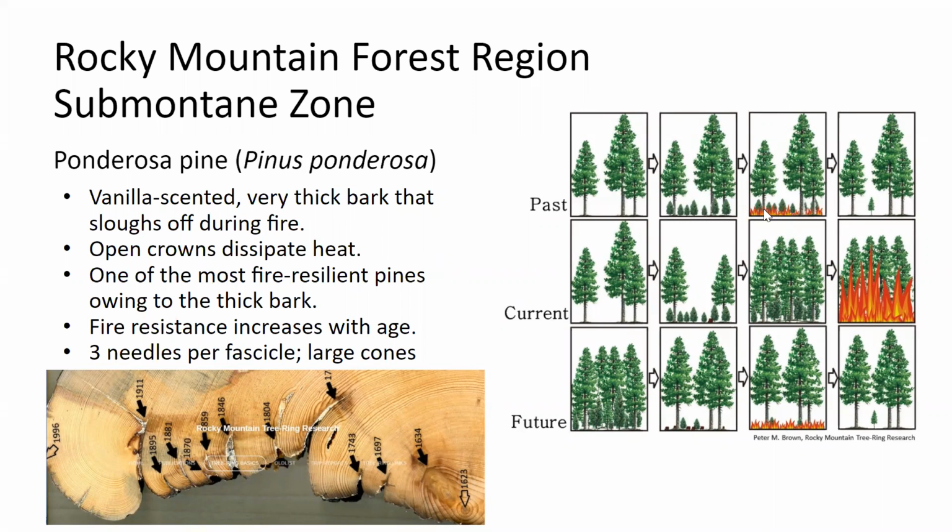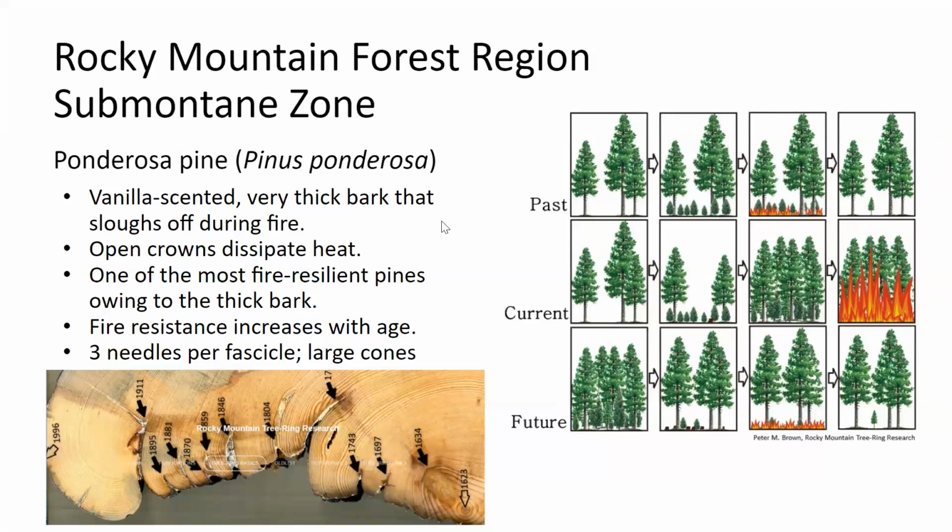But with regular fire, many of those seedlings are eliminated. And so what you have as a result is a stand structure that is more of a woodland with an open canopy than a closed canopy forest. So this fire resistance results in this open submontane ponderosa pine forest.